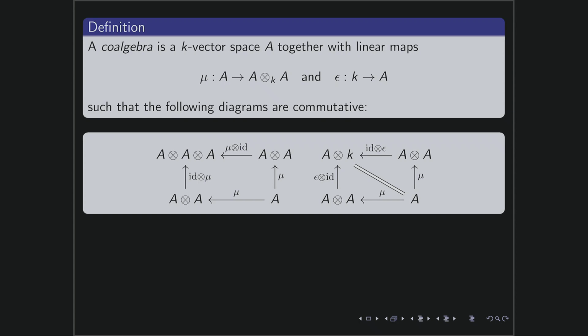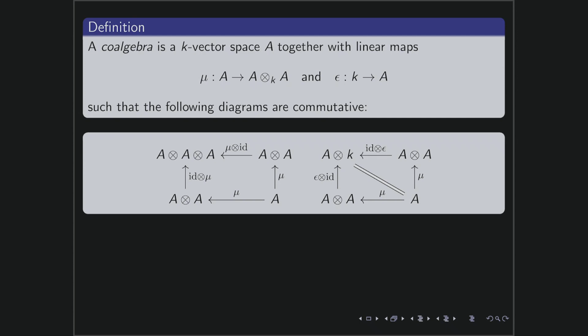Not every element in the tensor product is a pure tensor, so I have to write everything as linear combinations, and it's kind of convoluted and not very convenient to write down. It's a lot easier to see it as a commutative diagram, as I've done here, and then it's clear. I just want that these diagrams are commutative, period. And this is a co-algebra.